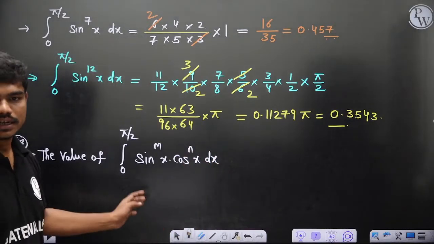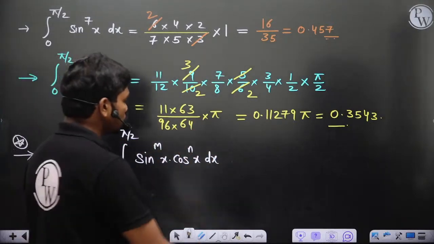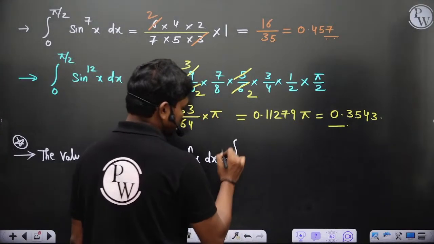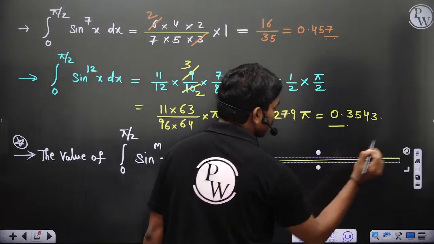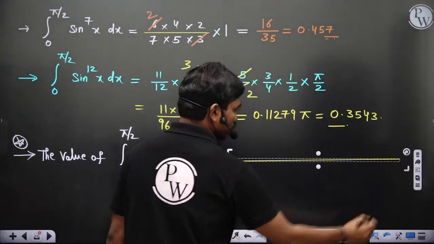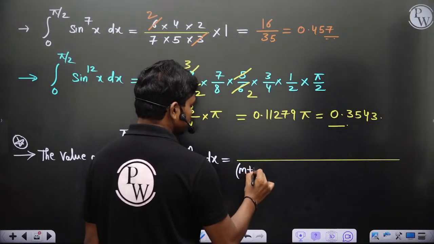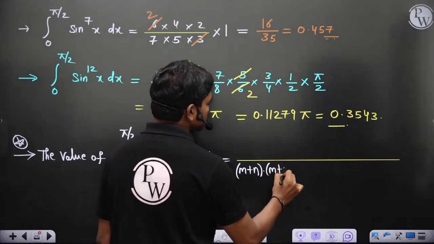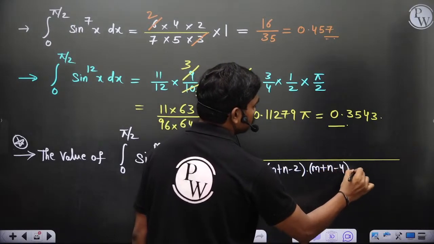Okay, so let's say sine cube, cos power 4, sine power 9, whatever you have. So this value is equal to, so it starts with m plus n into m plus n minus 2 into m plus n minus 4 into, means every alternative term, and so on.